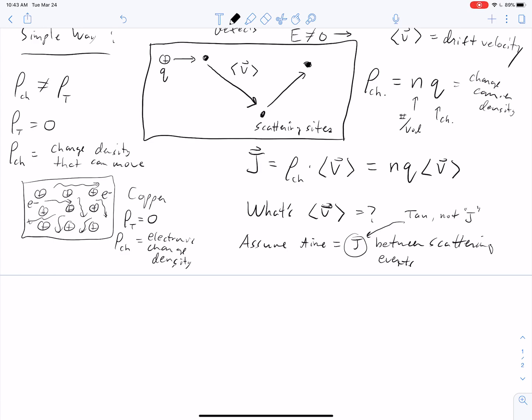So we ask ourselves, what then is the average velocity?